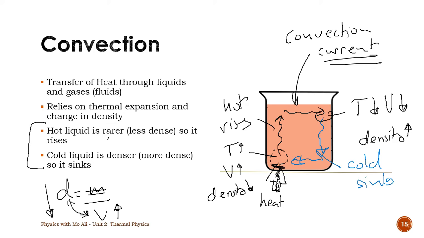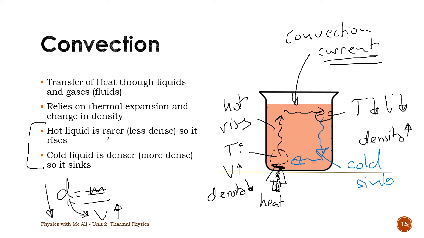Why does the less dense liquid rise? Because here's the thing. Density, Aziz, affects how objects rise or fall. Density affects how things rise or sink. When you have an object that is less dense than the liquid it's in, it floats on top of that liquid due to a force called upthrust, which we will talk about in Unit 1.